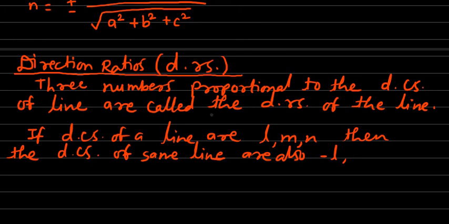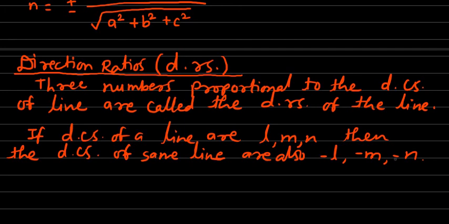For example, if the direction cosines of a line are 1 by root 3, 1 by root 3, 1 by root 3, then the direction cosines of the same line are minus 1 by root 3, minus 1 by root 3 and minus 1 by root 3.